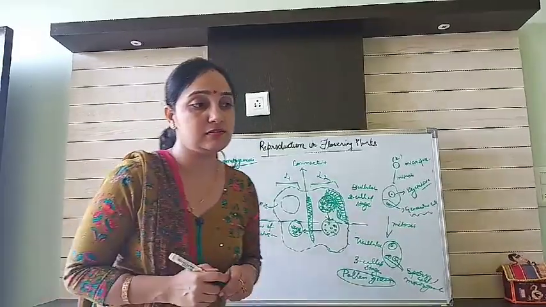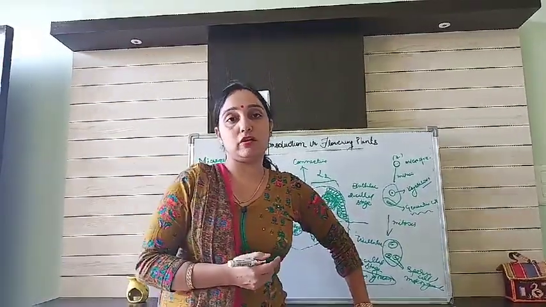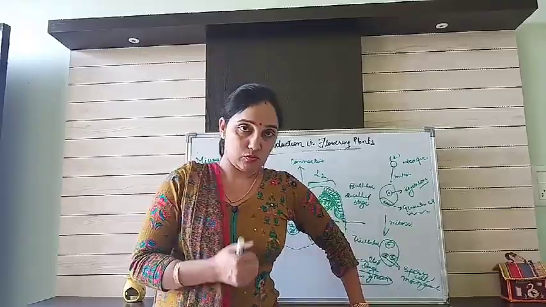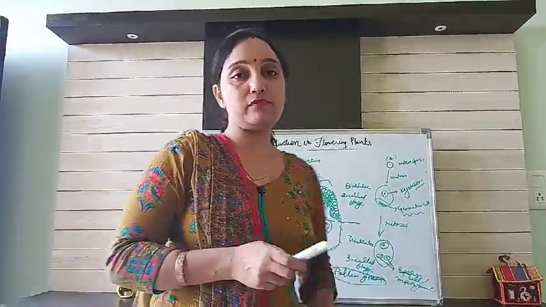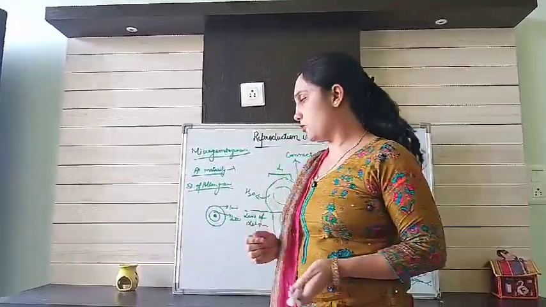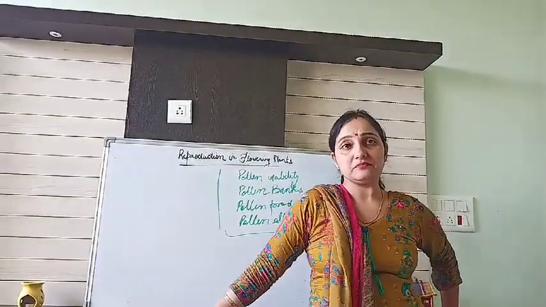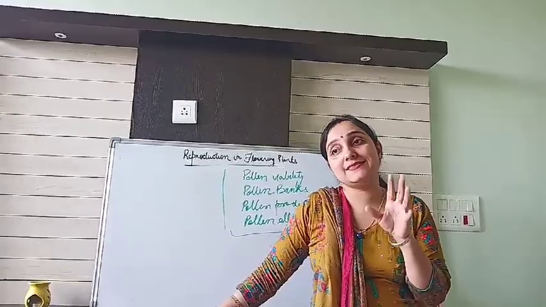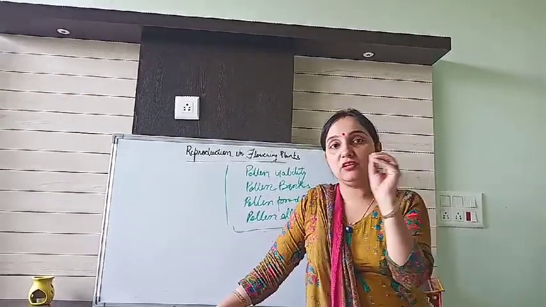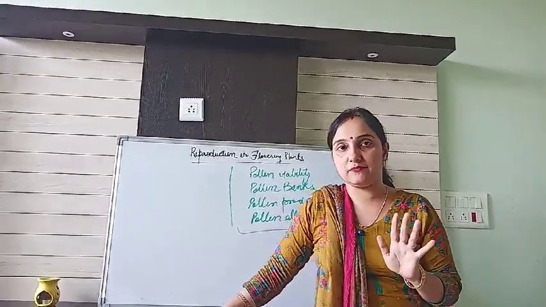Next, in your CBSE pattern, we have some terminologies to understand. I'm going to discuss 4 terms with you. Very small terms. The first term is pollen viability. Every pollen has a capability to generate a pollen tube carrying the sperm cells.